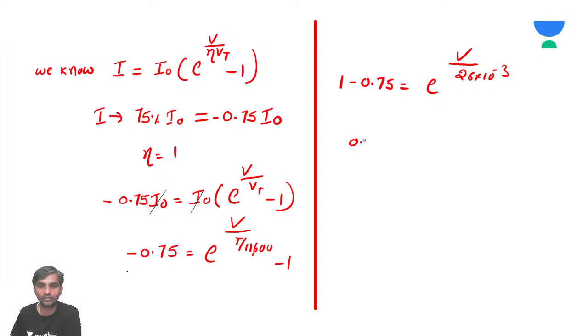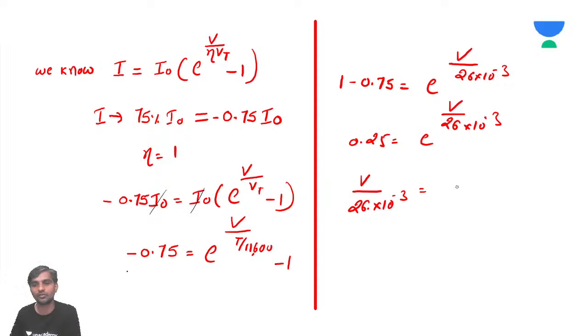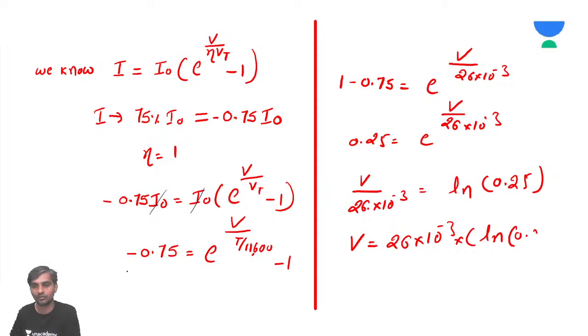So we get 0.25 is equal to e power V by 26 into 10 to the power of minus 3. Taking natural logarithm, V is equal to 26 into 10 to the power of minus 3 into ln of 0.25.